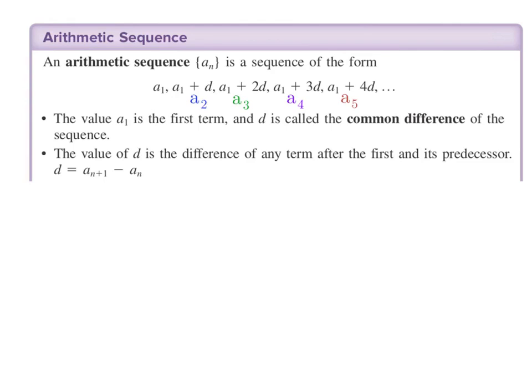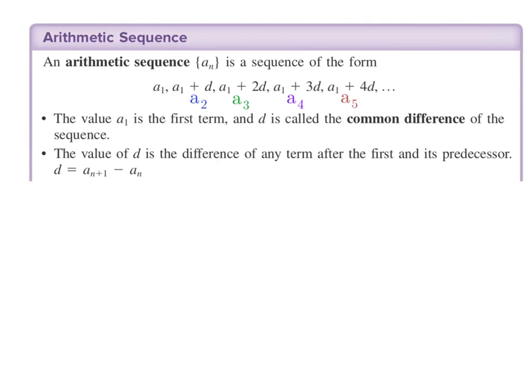Another way to come up with the common difference, because sometimes you're going to look at it and, like on those examples on the other slide, it was pretty easy. They go up by 3, for example. But sometimes you're not going to be able to tell. So if you're not 100% sure what the common difference is, you just take the predecessor and the term that comes after it and subtract them.